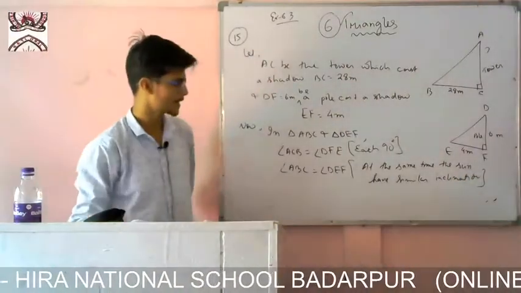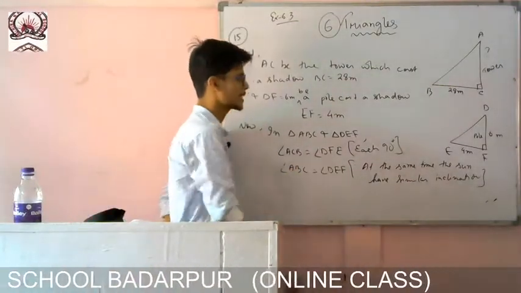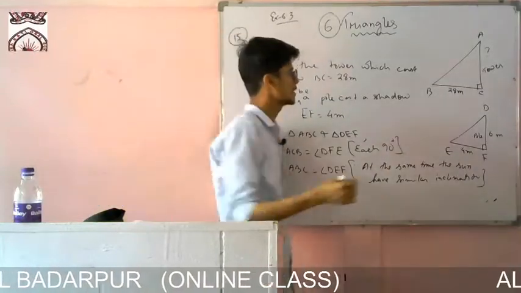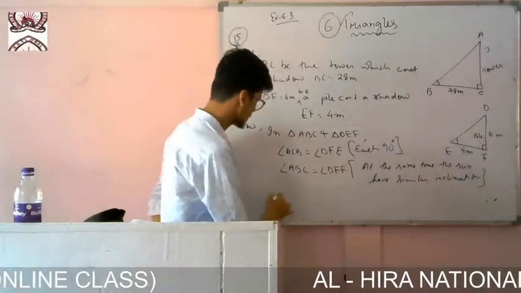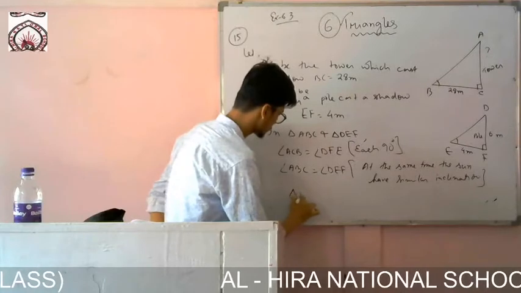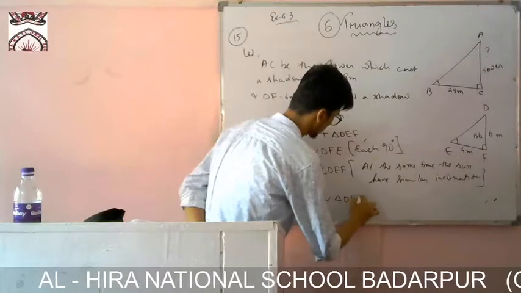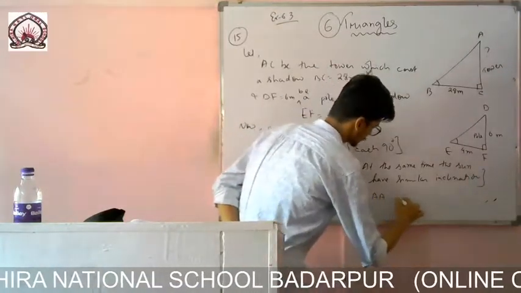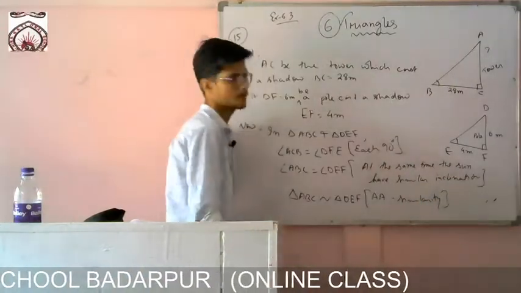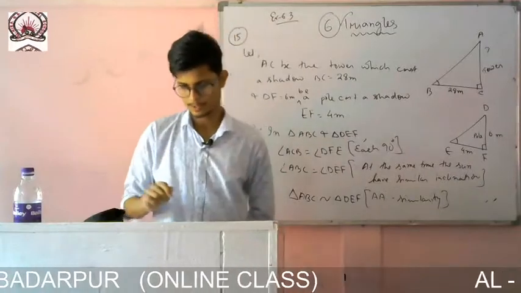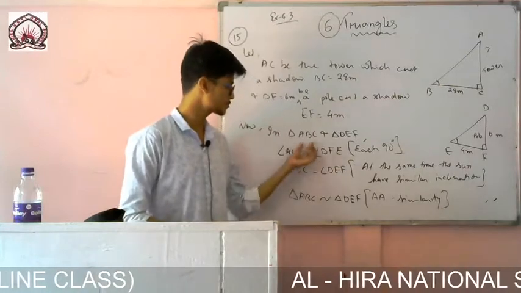So one, we have shown that these two angles are 90 degrees; another, that these two angles are equal because at the same time the sun has similar inclination. So I can say that these two triangles are similar because two angles are the same. So triangle ABC is similar to triangle DEF by angle similarity. Now I have shown these two triangles are similar.